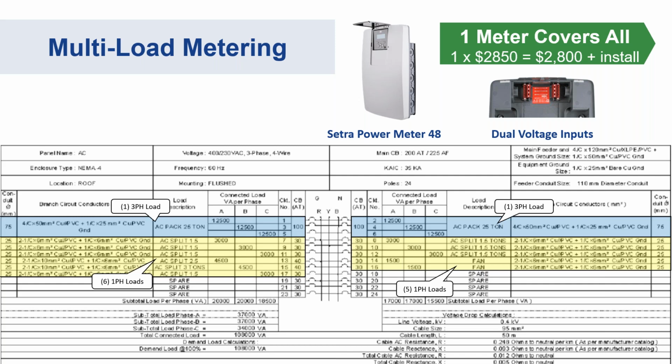So that's roughly $2,800 plus the installation, right? Just about a third or almost a quarter of the cost of applying multiple meters, instead using multi-load metering. So a lot of economies of scale here for the features that we've built into this family.